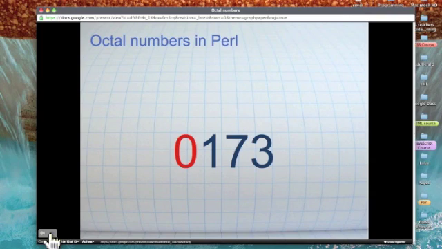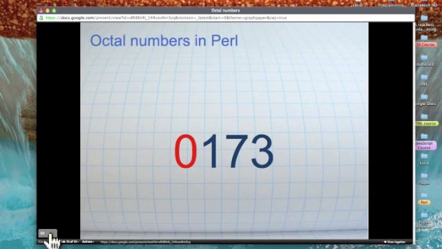Now, if I want to represent this number as a numeric literal in base 8 in Perl, I precede it with a leading 0. So this would be the octal 0173, which is the same thing as a decimal 123, right?